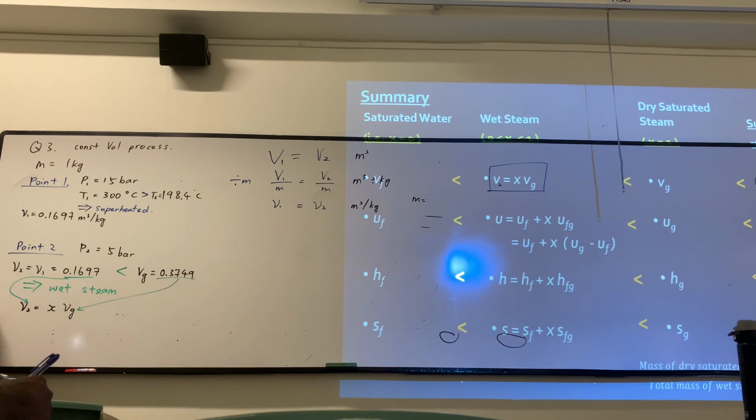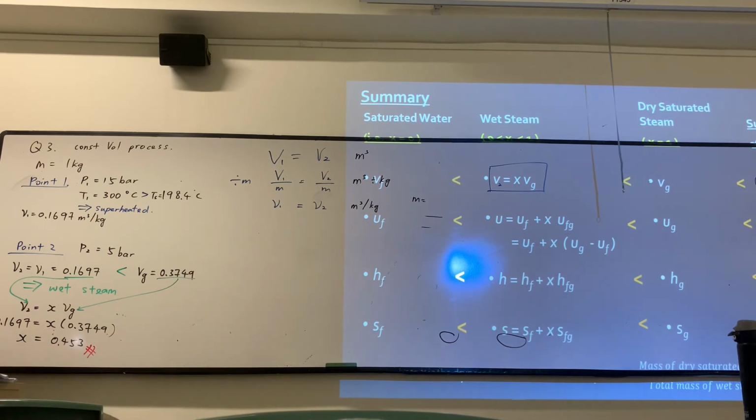V2 is 0.1697, X is my unknown, the dryness fraction, VG is 0.3749. So what is my X? 0.453. So my answer is that the steam is wet steam and the dryness fraction is 0.453.